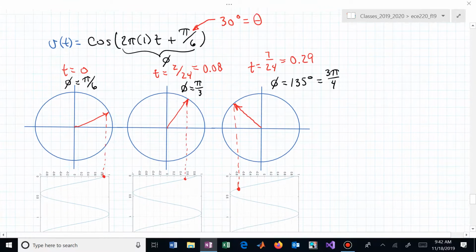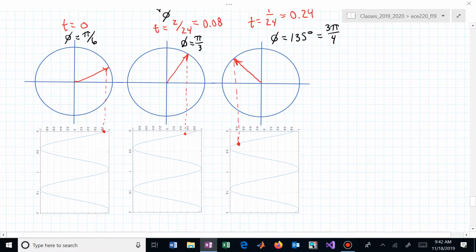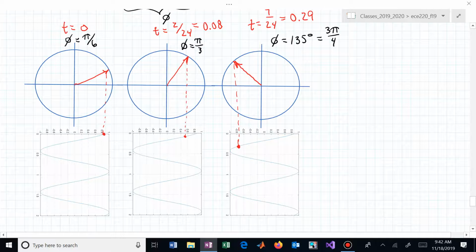Well, if we project those tips of the phasor onto the time waveform, you see that we extract or find the value of the time domain cosine waveform at that instant of time. At t equals 0, we now are not quite at 1. We are actually at some other value, because where's the peak? The peak occurred before time t equals 0.